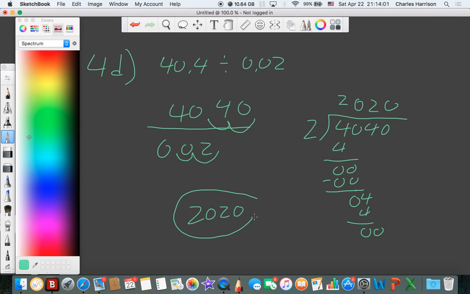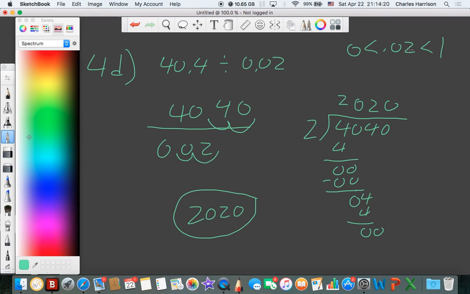That's the final answer. Well, this also brings up something that you should have memorized already. When you divide by something that's in between 0 and 1, what is this? 0.02 is greater than 0, but it's also less than 1.